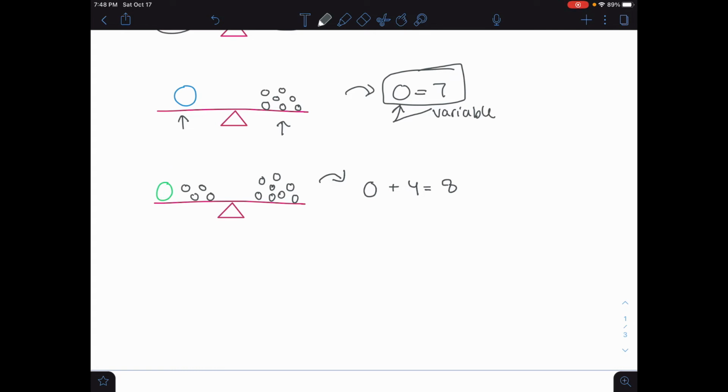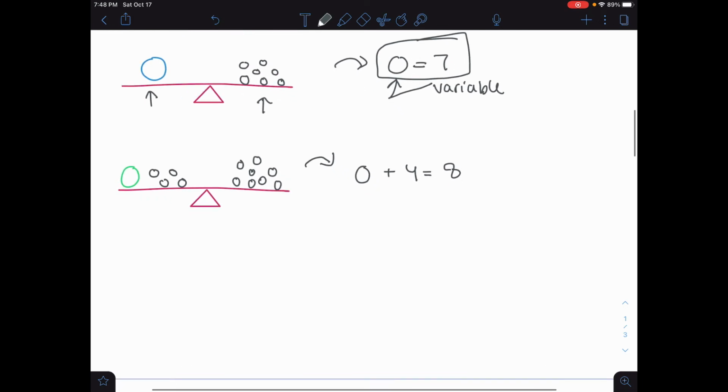Now we can go on and guess and check, which is the strategy we just used, but there's a simpler and more effective way to solve this problem. If we just subtract 4 from each side of this equation, we get that circle is equal to 4.